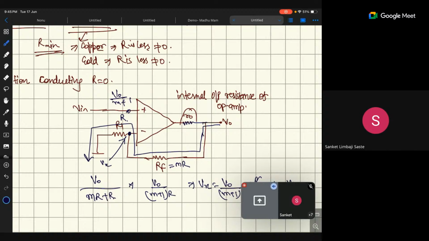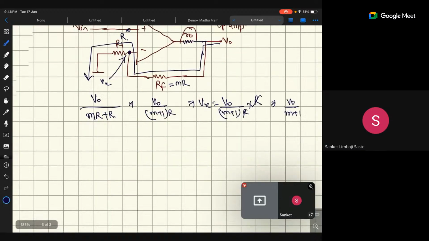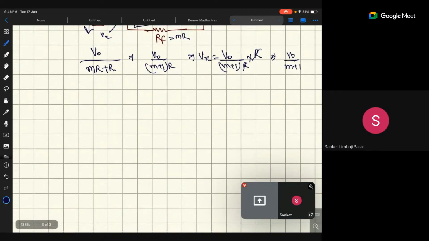Now, can you calculate the output voltage? A times Vi minus V naught by M plus 1, times A.